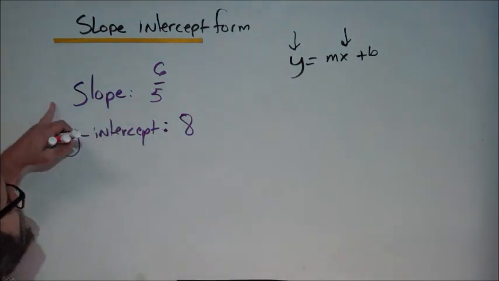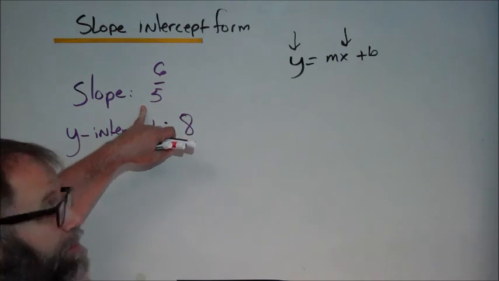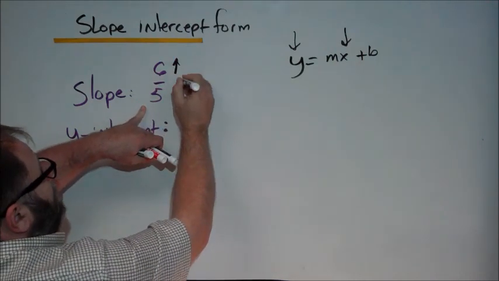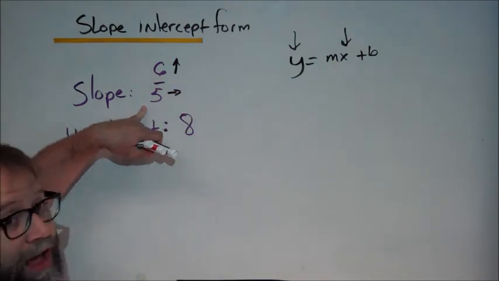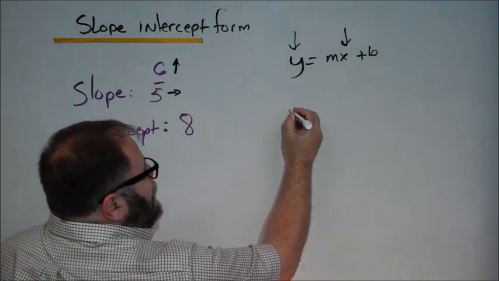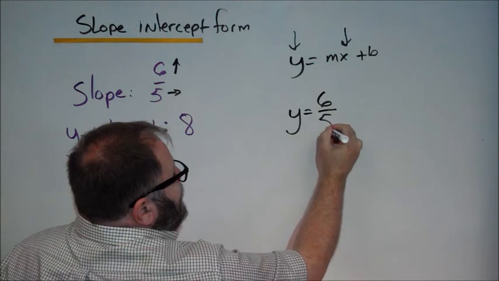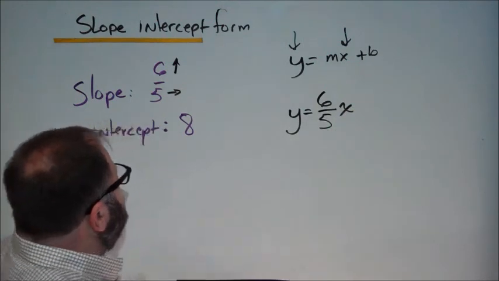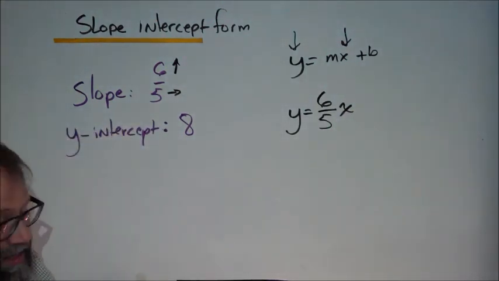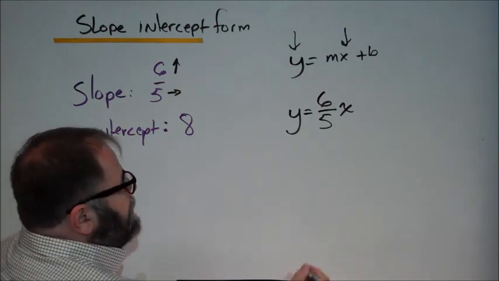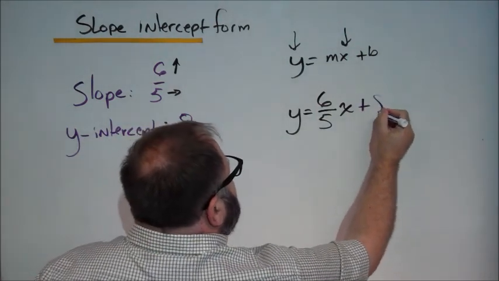This says my slope is 6/5, which means that line would go up 6 and to the right 5. So I'm going to write y equals my slope, 6/5, times x, and then my y-intercept is 8, which means I have plus 8.